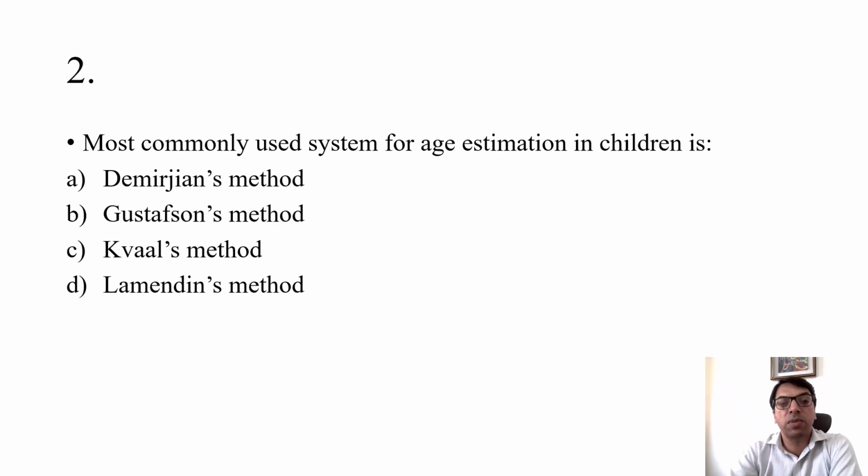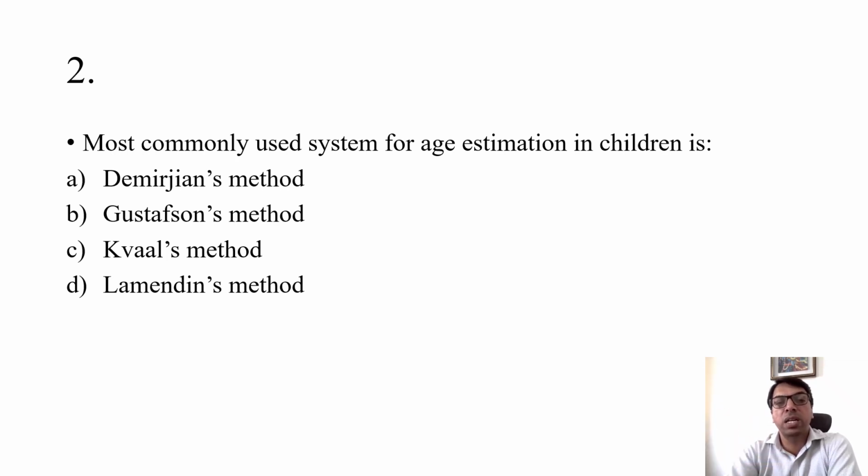So the last option we are left with is Demirjian's method. It is age estimation done in children by orthopantogram. A radiograph or X-ray is taken for the mandibular teeth and the teeth are given markings from A to H, starting from incisors to the molar, where the last molar is left behind.